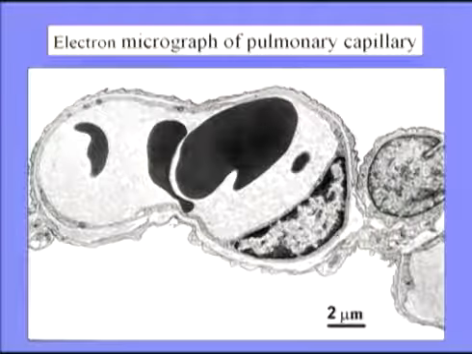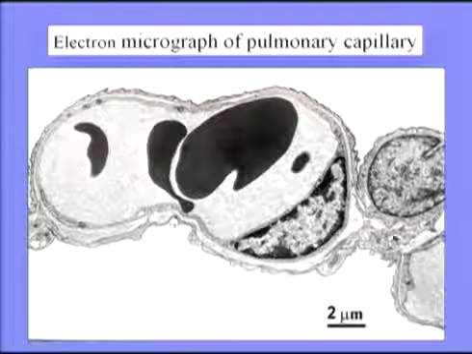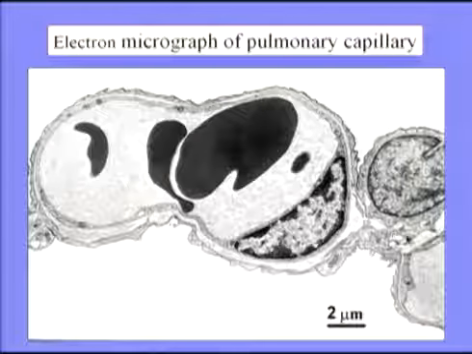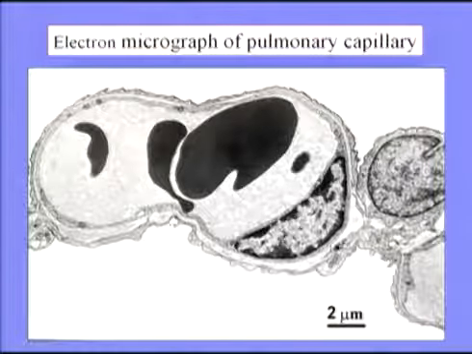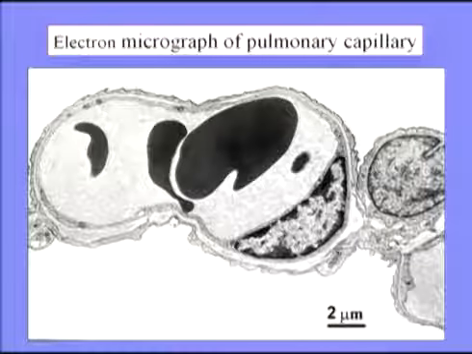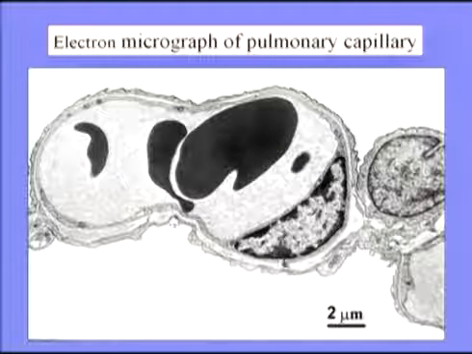One of the most important is actually not easy to identify, but this is a fibroblast which is in the interstitium, and you can see a prolongation of the cytoplasm of the fibroblast into this thick side of the blood-gas barrier.